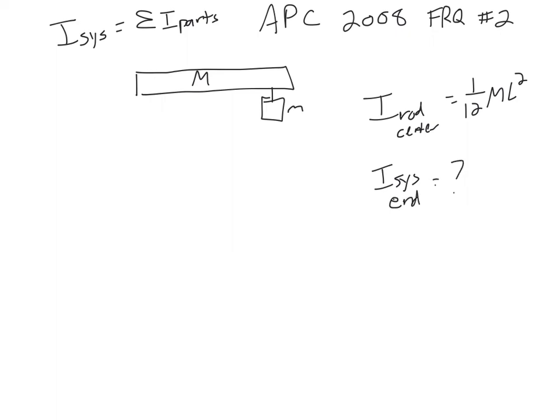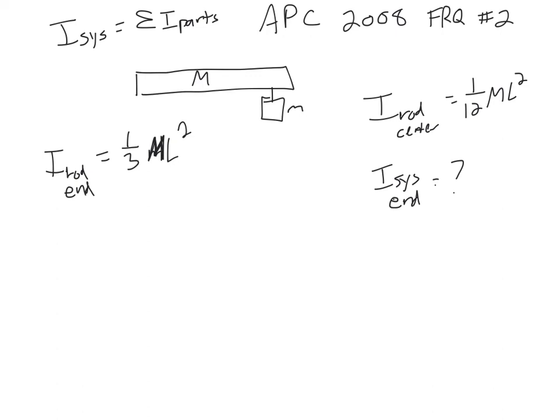Well, the idea was that you want to somehow figure out the rotational inertia of the rod about the end, either using the parallel axis theorem or integration. You would find that it's 1/3 ml squared. Let me make that a capital M.